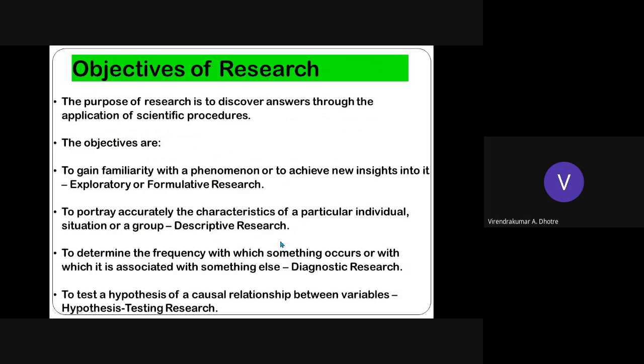To gain familiarity with a phenomenon, the things which are happening, actual results. Today the environment is like this, so actually it is a phenomenon. To gain familiarity with the phenomenon or to achieve new insights means to look into the things, and we can use explanations or experimentations.